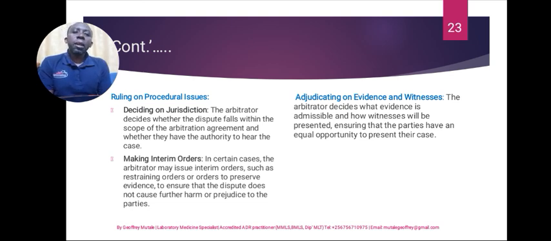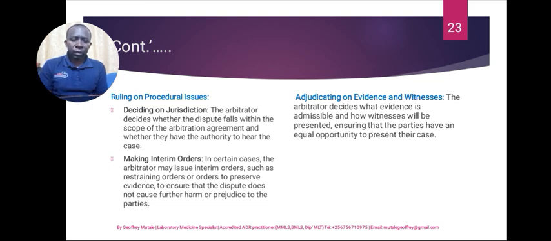Next, the arbitrator must be in a position to make interim orders, because in certain cases, the arbitrator might issue interim orders, such as restraining orders or orders to preserve evidence to ensure that the dispute does not cause further harm or prejudice to the parties. So irrespective of how these people are claiming to have evidence, you must be in a position to judge.